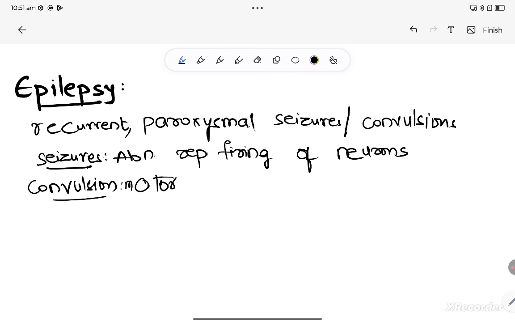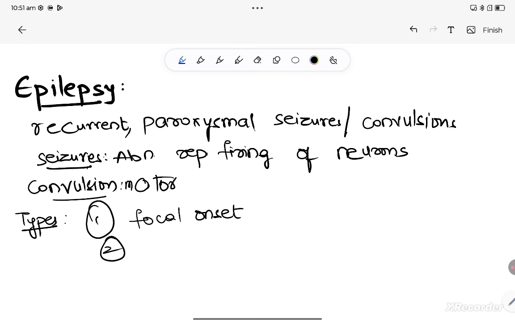So with this background, let us go into anti-epileptics. There are many types of epilepsies, which we grossly divide into either a focal onset or generalized onset.